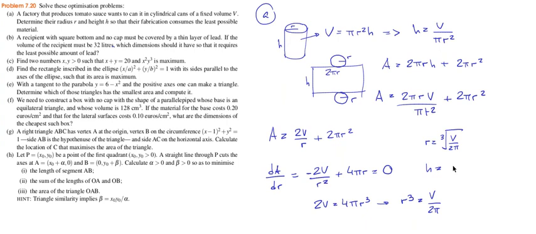And h is v divided by, wait a minute, it's v divided by pi times the cubic root of v squared over 4 pi squared. Sorry, not r squared, it's just 4 pi squared.